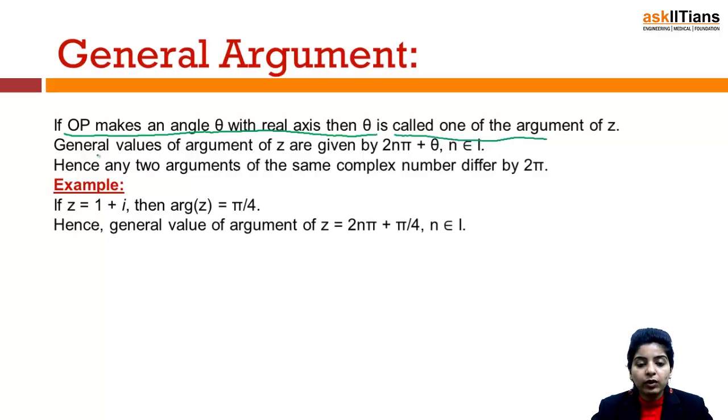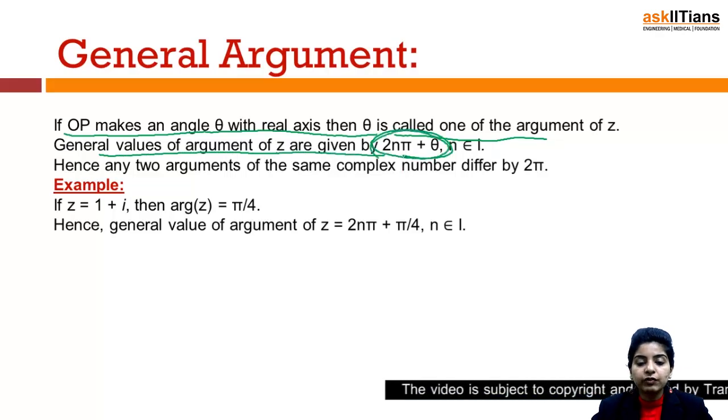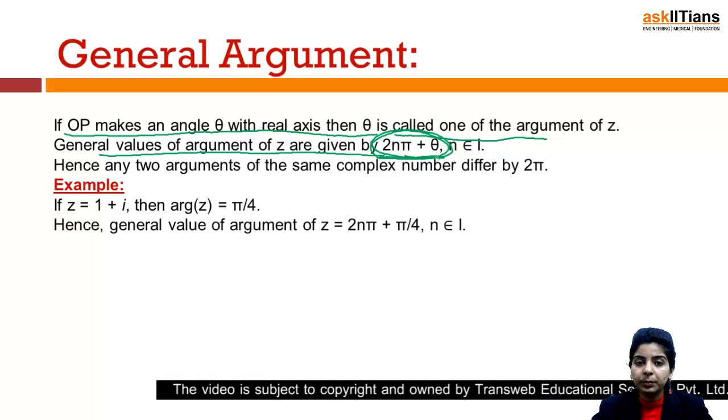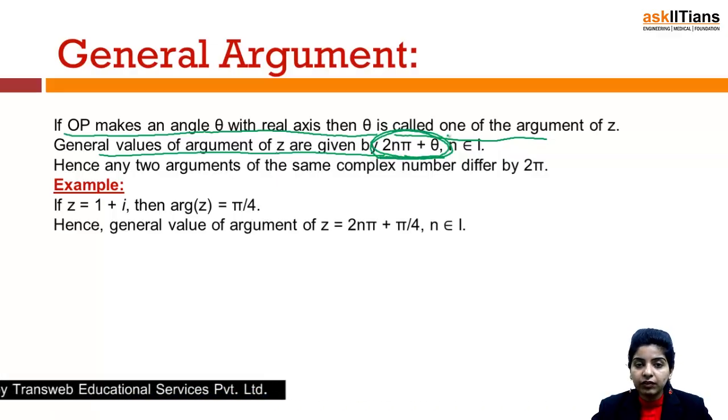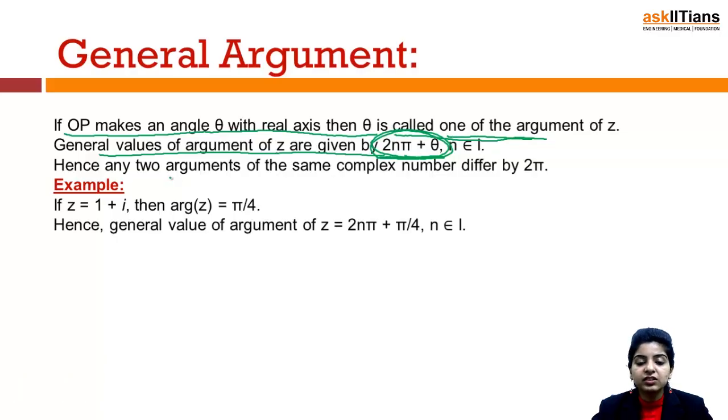And the general values of argument of z are given by 2n pi plus theta, where n belongs to I. So the general value of argument is given by 2n pi plus theta, where theta is the angle that we have discussed just now, that is the argument, and hence this means that any two arguments of a complex number differ by 2 pi.